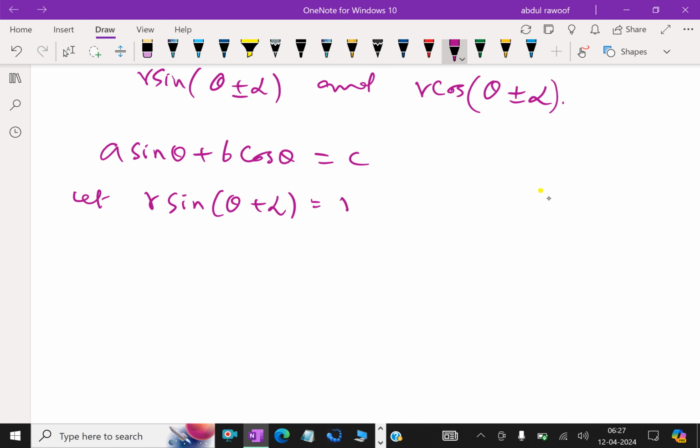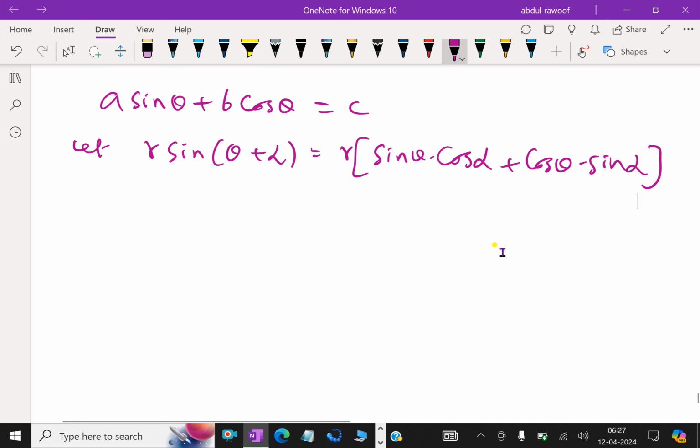Now comparing the coefficients. For example, generally you can write 4 sin theta plus 3 cos theta. Consider this as R into sin theta cos alpha plus cos theta into sin alpha.